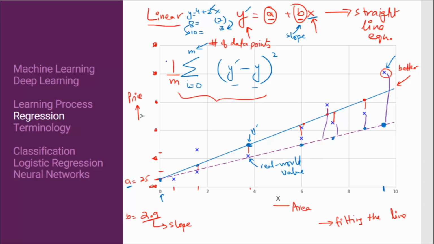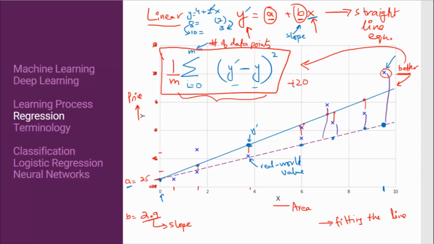So now we have an equation which essentially gives us the specifics of this being better. If this value is small, we're going to say that the line is better, right? So if we draw a line and compute this whole thing and it gives us, let's say, 20, and then we draw another line and that gives us 40, we're going to say that the first line is better.